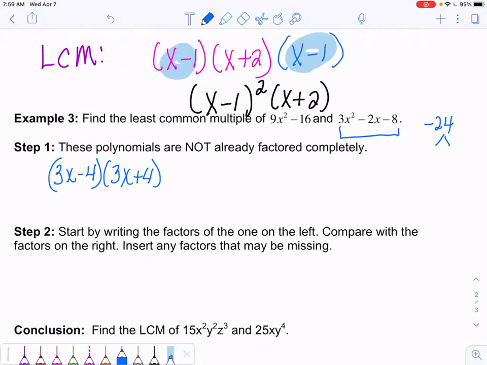So 9x squared minus 16, that's our difference of perfect squares. 3x minus 4, 3x plus 4.